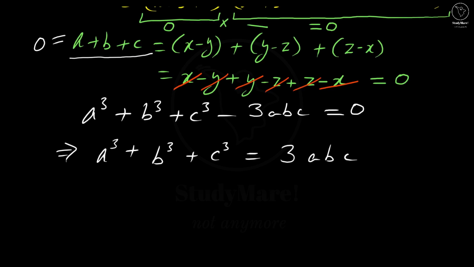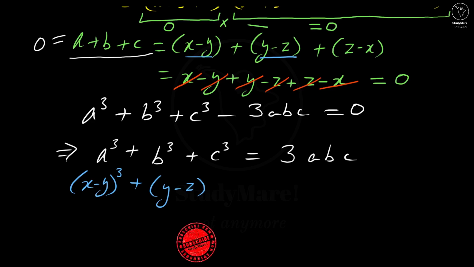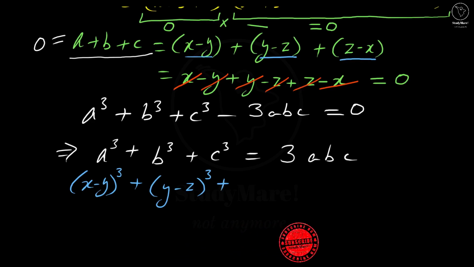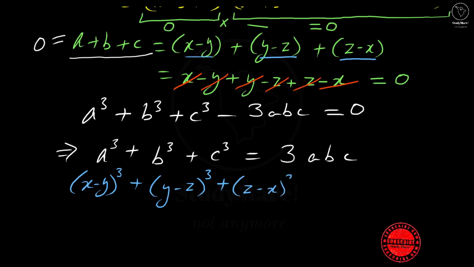What was the value of A? You can see here, it is (x minus y) cube plus, what was the value of B? It is (y minus z) cube plus, what is the value of C? It is (z minus x) whole cube equal to 3ABC.